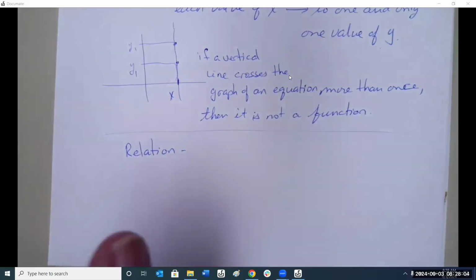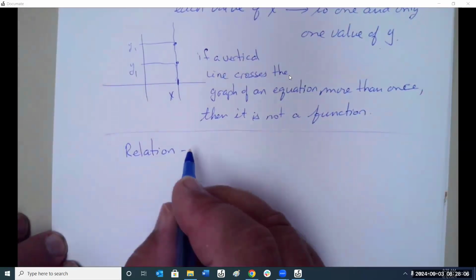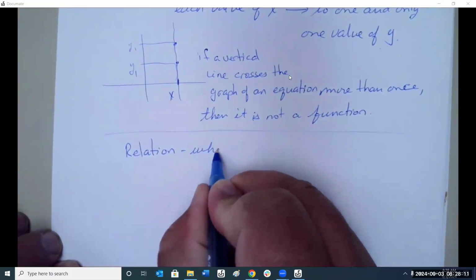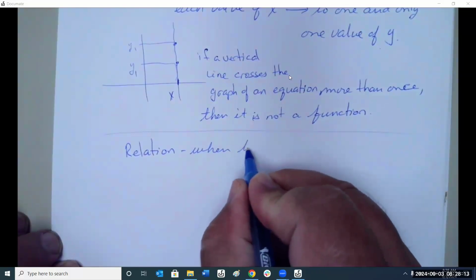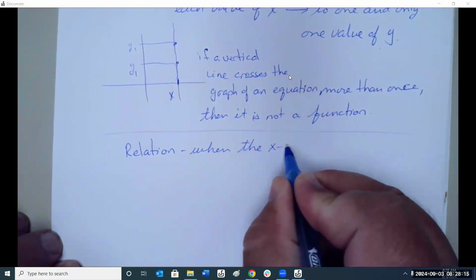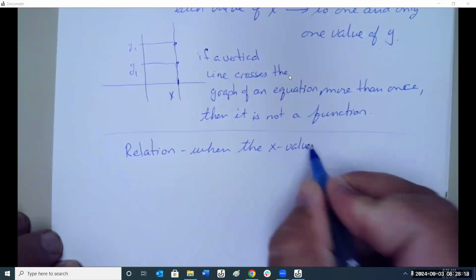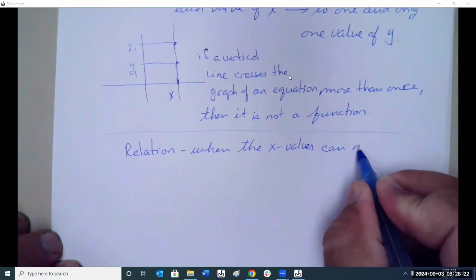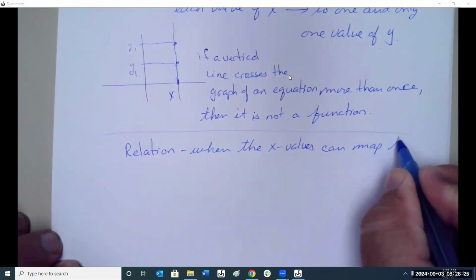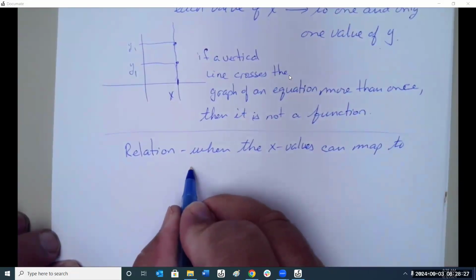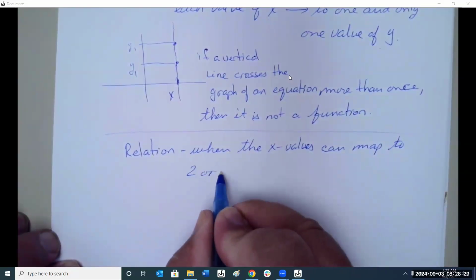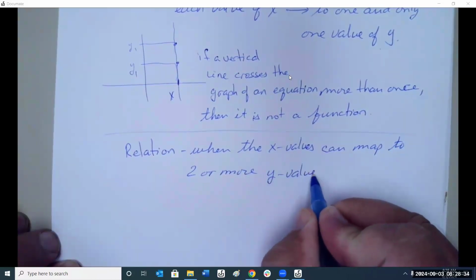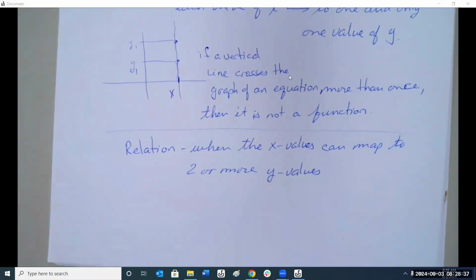A relation takes the correspondence one step further, when the x values can map to two or more y values.